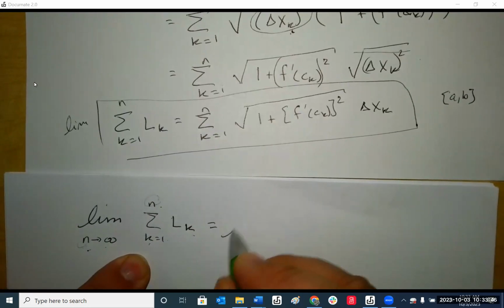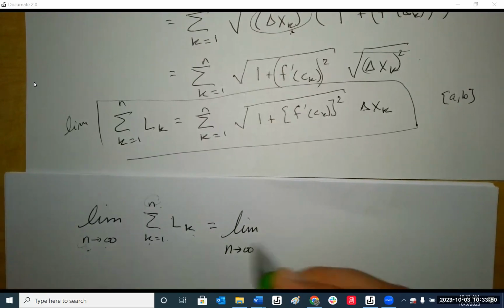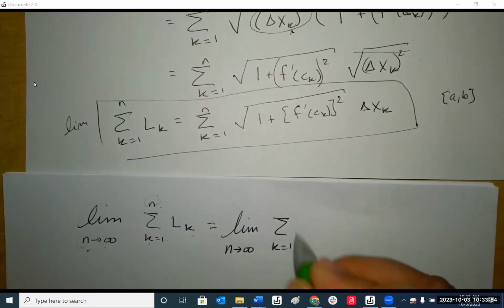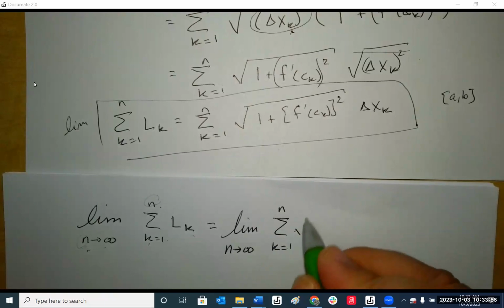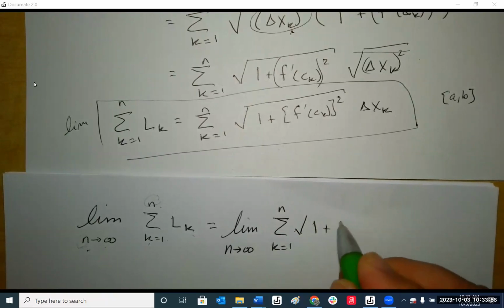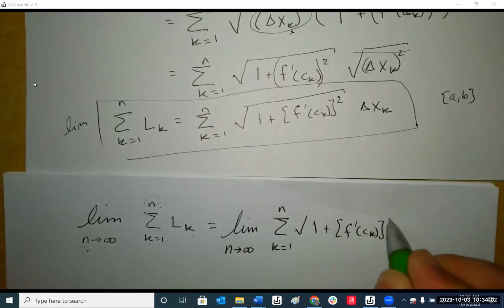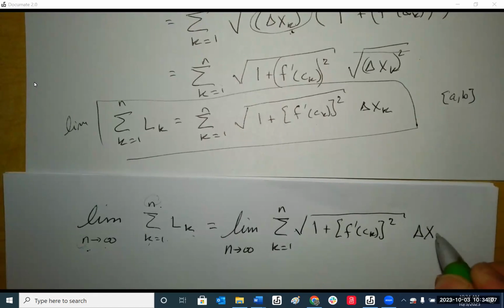So this becomes the limit as n approaches infinity of the summation of k equals 1 to n of the square root of 1 plus f prime of c sub k squared, delta x sub k.